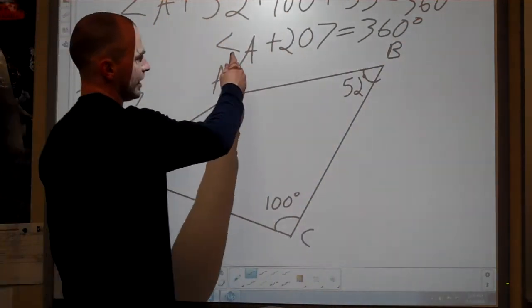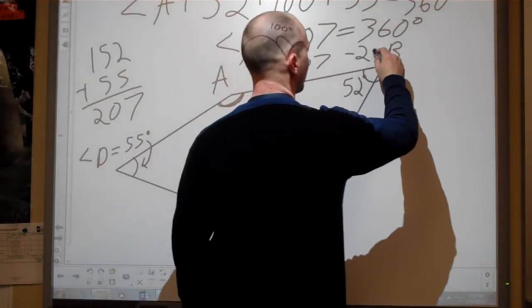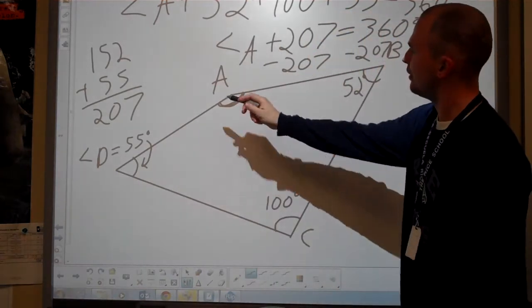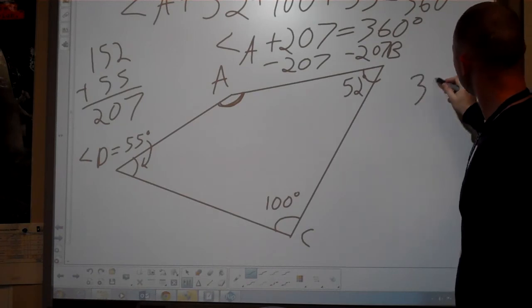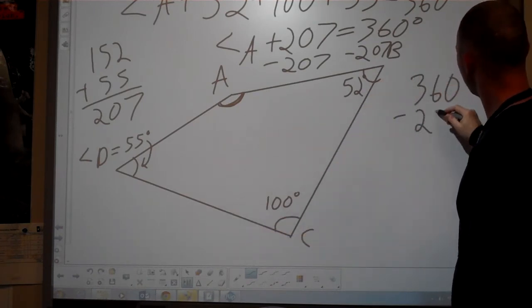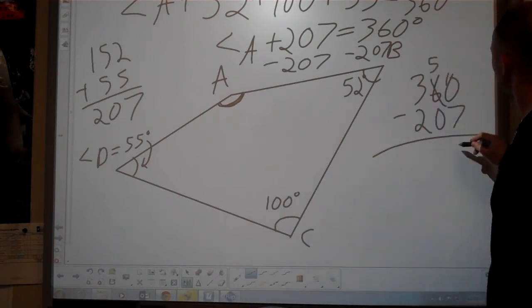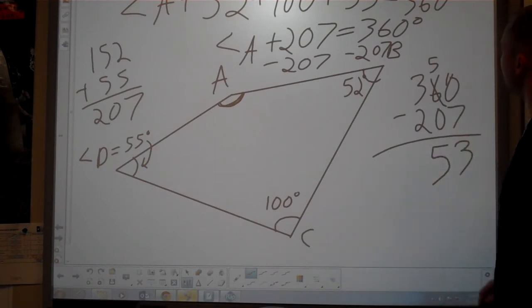So, to get angle A alone, I subtract 207 from this side. I must also subtract 207 from this side, and that'll give me my measure for angle A. So let's do it. 360 minus the sum of these other three angles, 207. Make this a 5, make this 10. 10 minus 7 is 3. 5 minus 0 is 5.